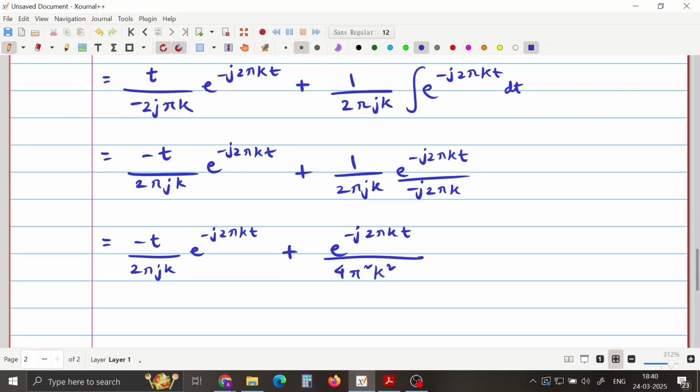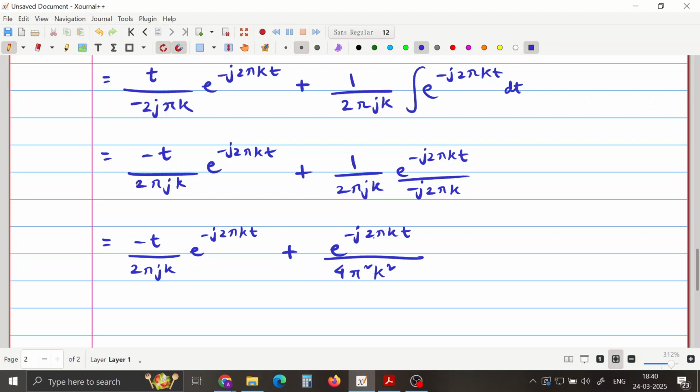Because what happens here is I have this product of two terms in the denominator for the second term. So I have 2 pi k whole squared, which gives me 4 pi square k squared, and I have j times minus j. I know j is the square root of minus 1, so j square is minus 1, and now here I have minus j square, so that gives me 1.